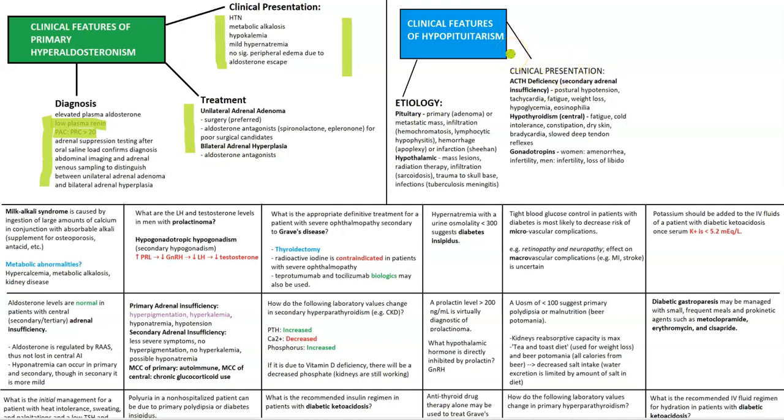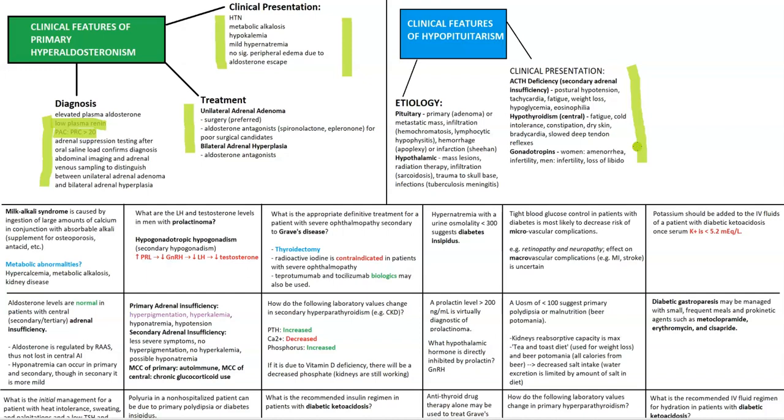The next one is clinical features of hypopituitarism. The clinical presentation is going to be ACTH deficiency, central hypothyroidism, and low gonadotropin levels. ACTH deficiency is going to be secondary adrenal insufficiency, so you're not going to have the hyperpigmentation that you see with primary adrenal insufficiency, because ACTH is low.